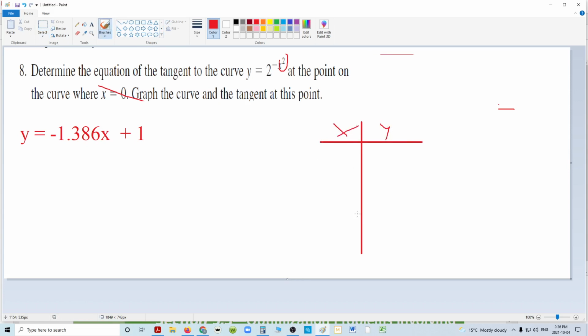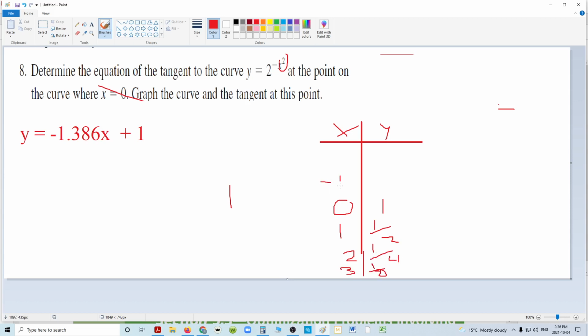I'm going to start when x is 0, y is 1. When x is 1, we get 2 to the -1, which just means 1 over 2. When x is 2, we get 2 to the -4, which means 1/4. When it's 3, it's 1/8.